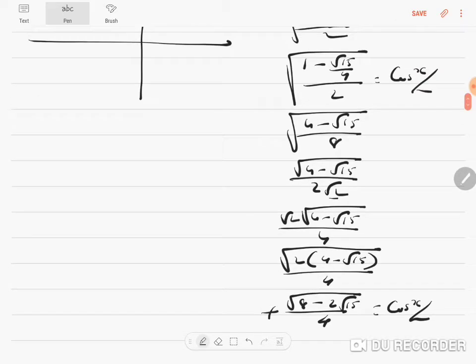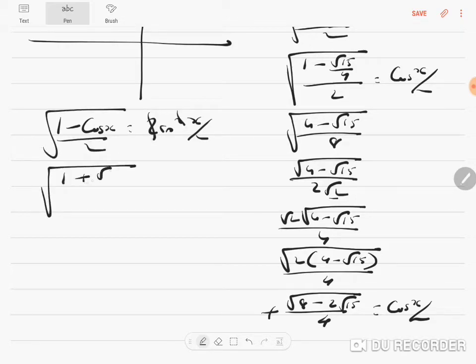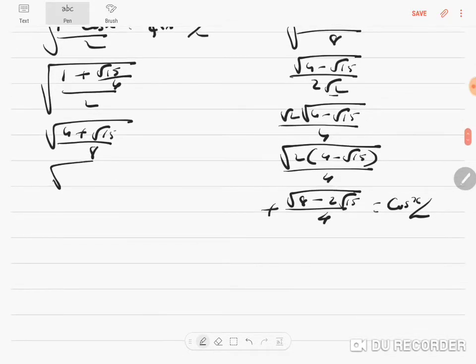Then you want to find sin x by 2. 1 minus cos x is 2 sin square x by 2. Take it down, do this. So root of 1 plus root 15 by 4, because cos x is negative, minus becomes plus. So it will become root of 4 plus root 15 by 8, which is root of 4 plus root 15 by 2 root 2.